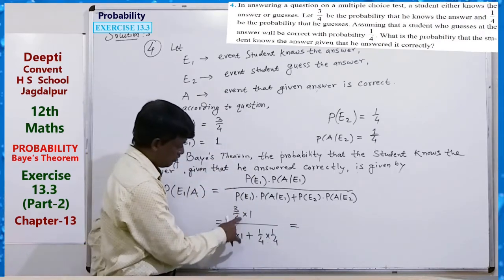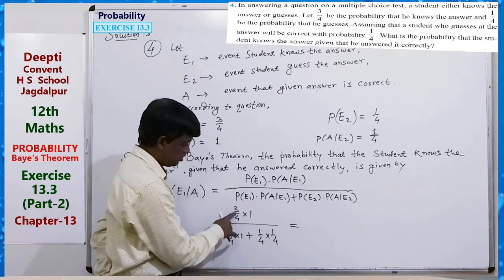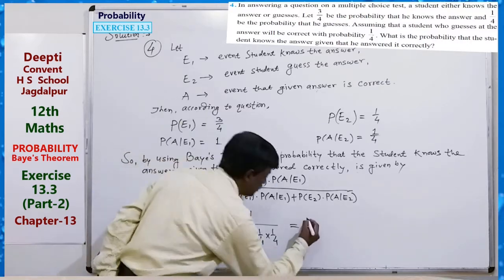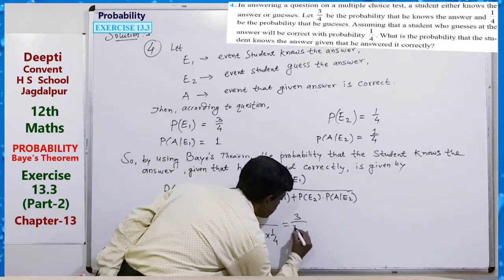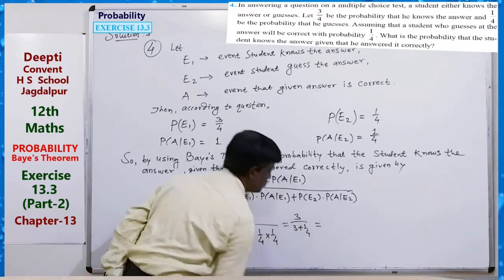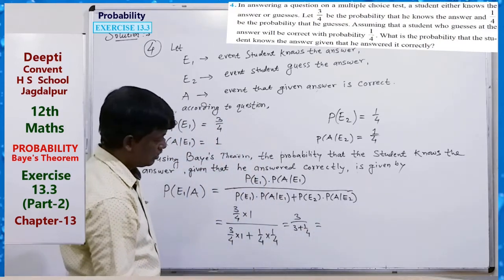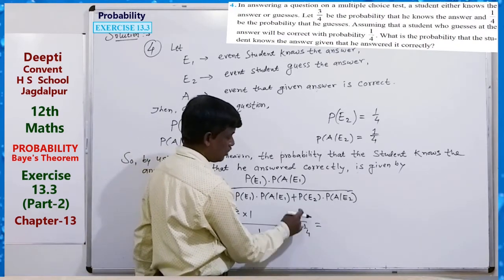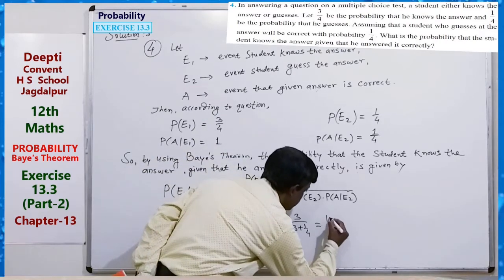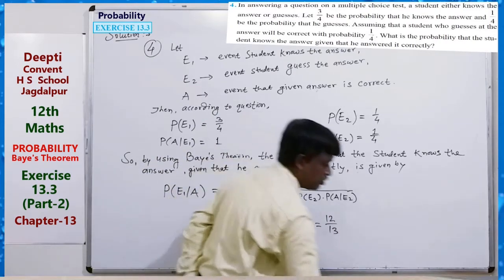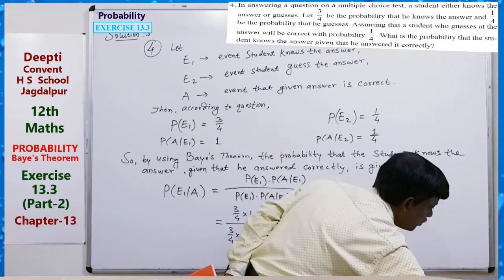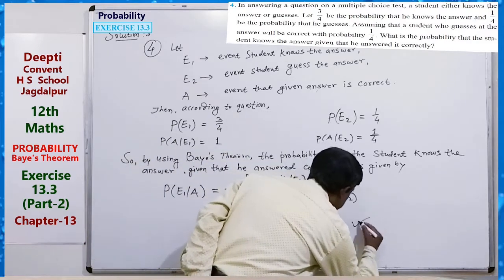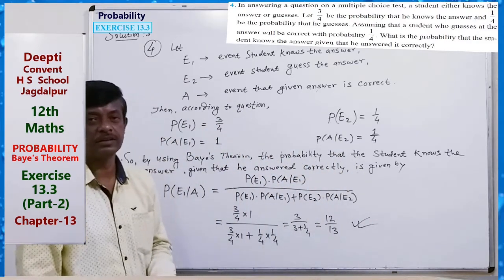Here 1 by 4 cancels out, so 3 upon 3 plus 1 by 4. 3 upon 3 plus 1 by 4 equals 13 by 4, so 12 by 13. The probability is 12 by 13. So this is our answer. The main thing is just the setup.